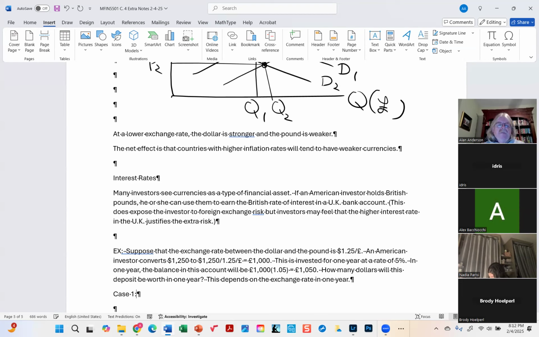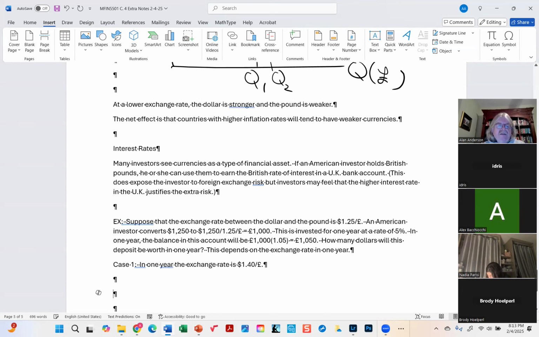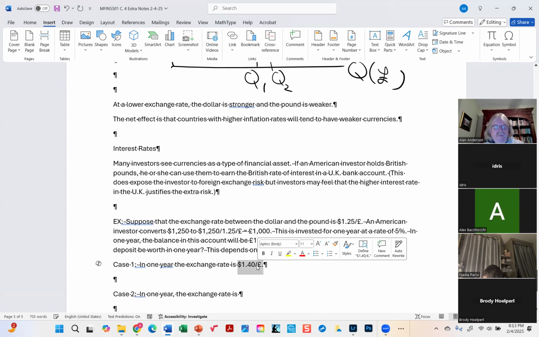In case one, in 1 year, the exchange rate is, say, $1.40 per pound. The dollar got really weak. And let's say in case two, in 1 year, the exchange rate is $1.10, let's say. The dollar got really strong.